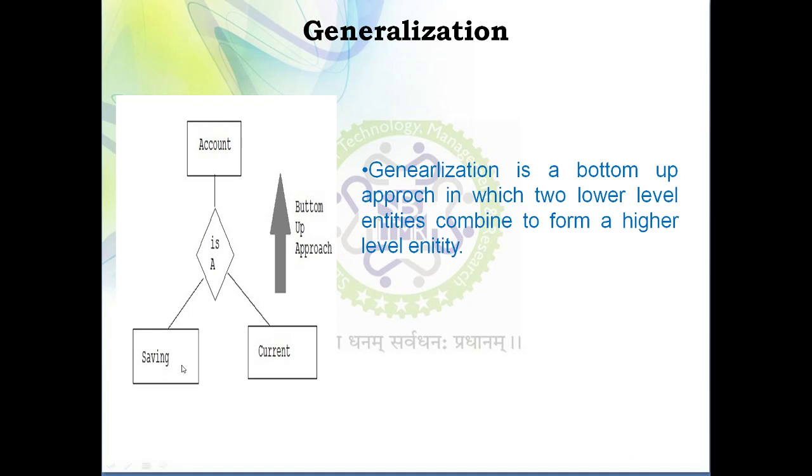Because it is read in a bottom up fashion, and this generalization makes use of the symbol is a. The generalization concept is represented with the help of an is a kind of relationship. So here we can say that an is a kind of relationship exists between account and saving account and current account. So this is the concept of generalization.